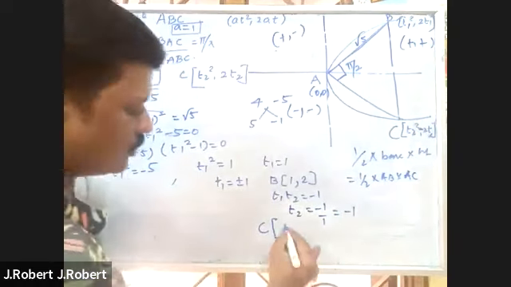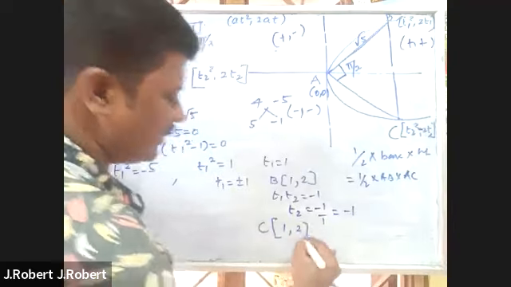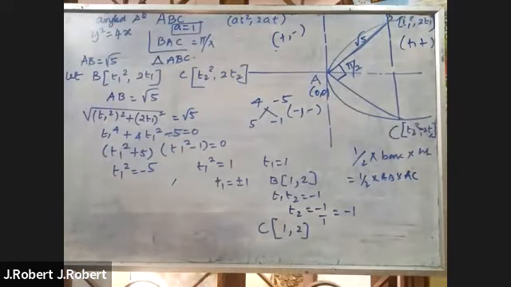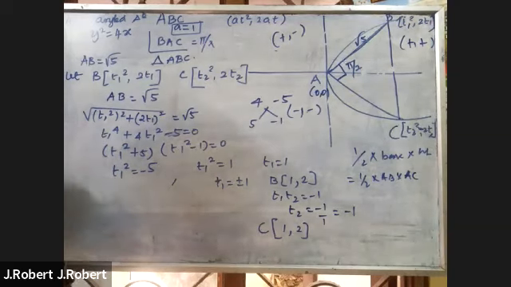C is t2 squared, minus 2 into t2: that is 1, minus 2 into minus 1, so C is equal to 1, and so on.